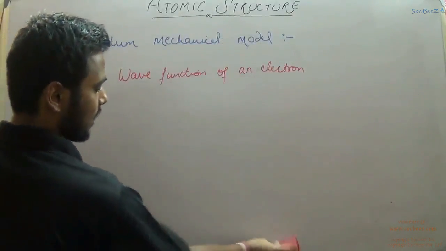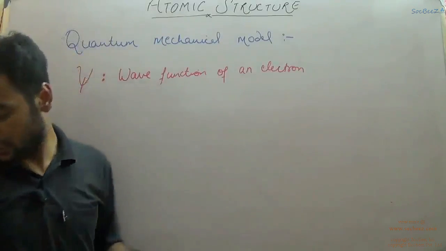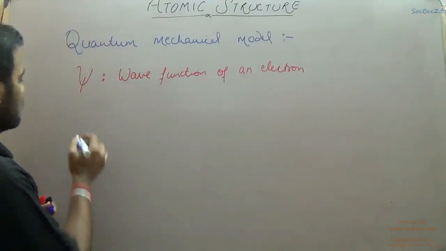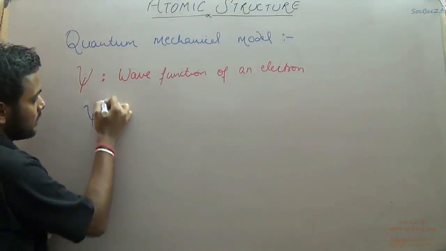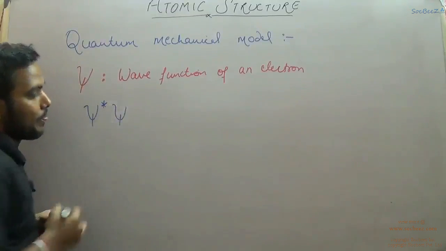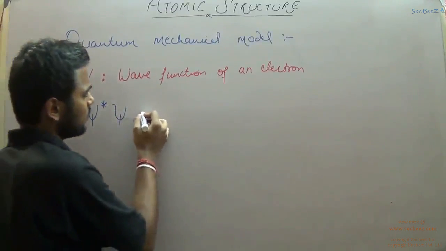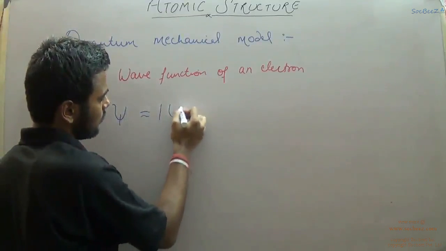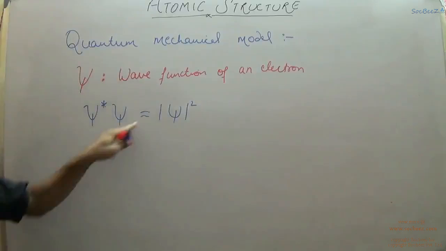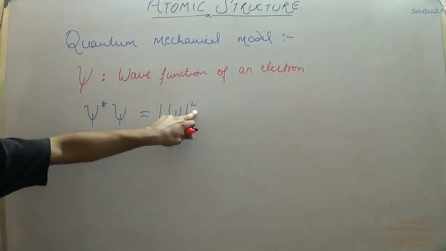Since by this time you must have studied the complex numbers, therefore I'd like to write here more precisely psi conjugate into psi, which is nothing but the magnitude of psi, absolute value of psi whole square.